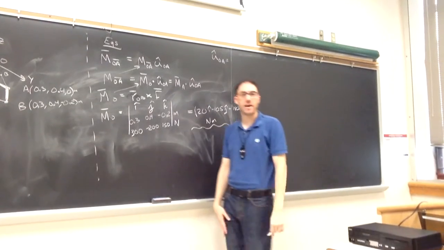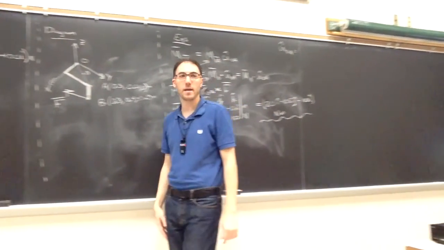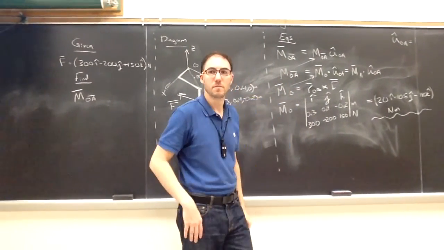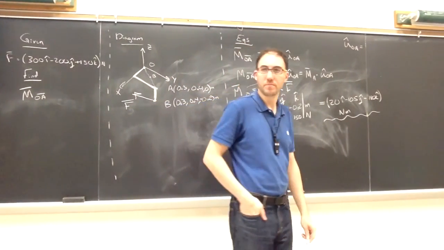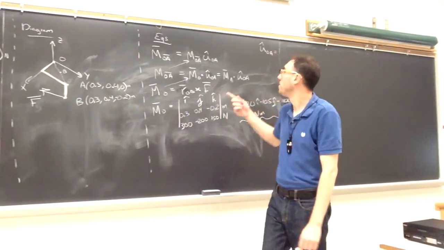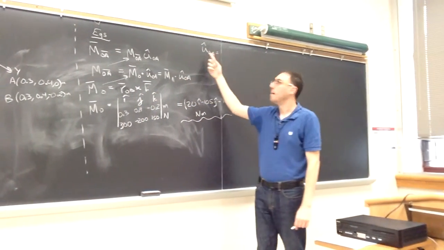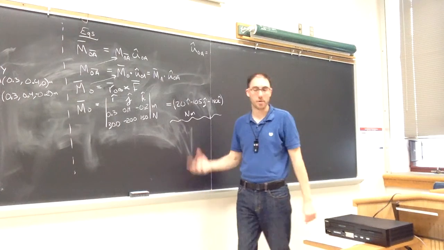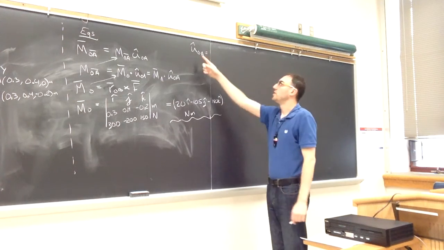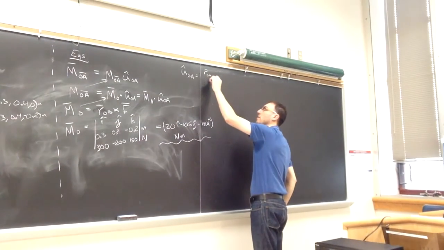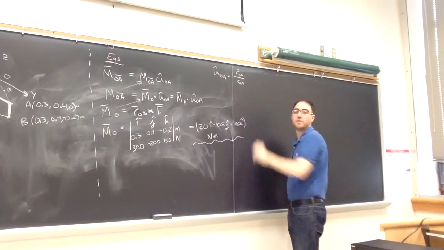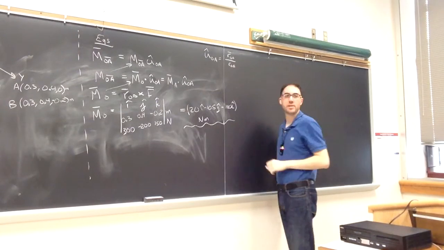How do I find the unit vector that points from O towards A? It's the endpoint A minus the start point O. So to find any unit vector, I can take the position vector divided by its own magnitude. This is exactly what we've been doing before.